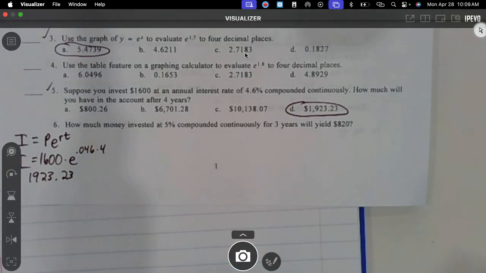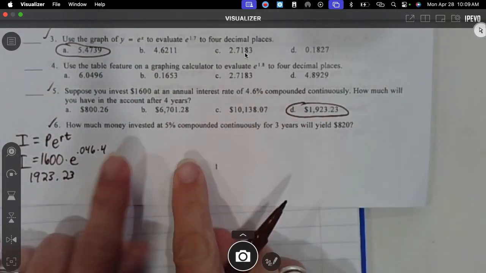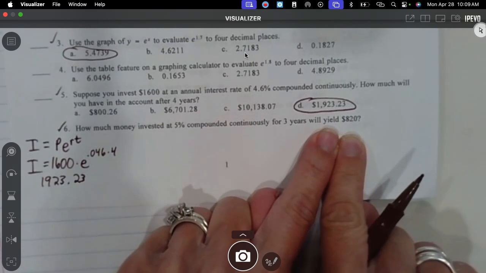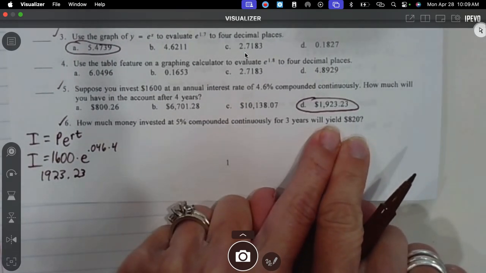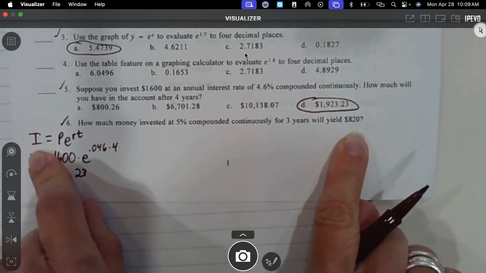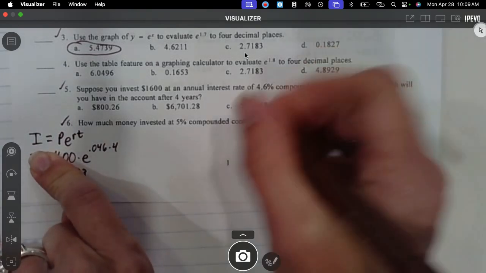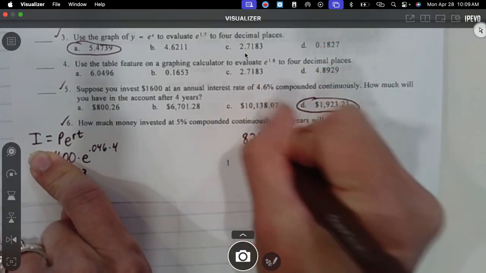I like that movie. Okay, number 6 is also on there, and you won't like number 6. 6 is backwards, so you actually have to use algebra, poor you. It says your interest is this. So where does 820 go? In the beginning, for the interest.